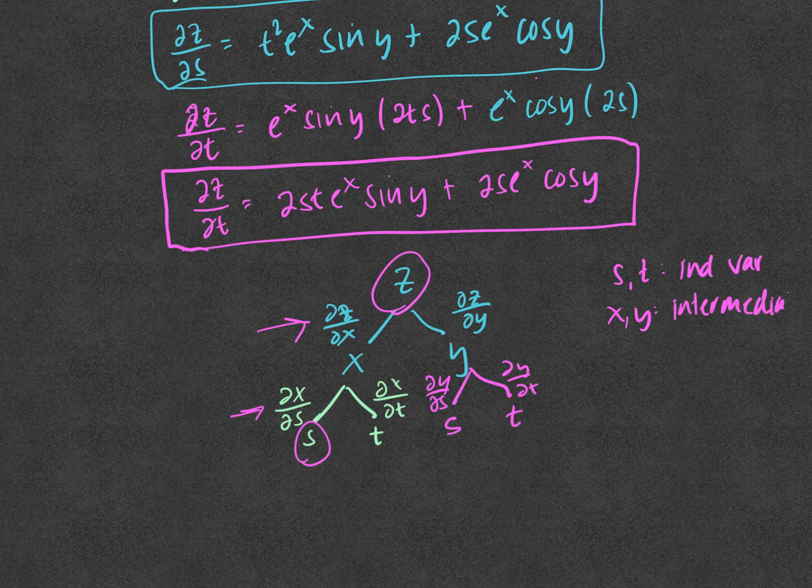It makes sense because they're in between. And then z is called your dependent variable.